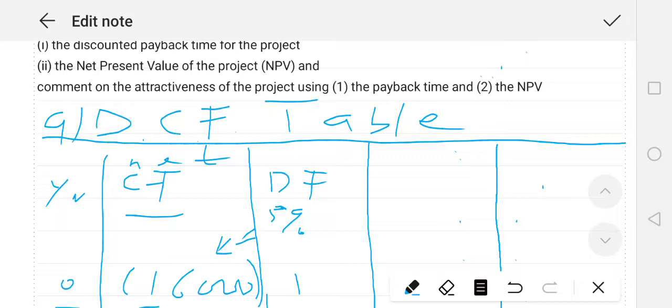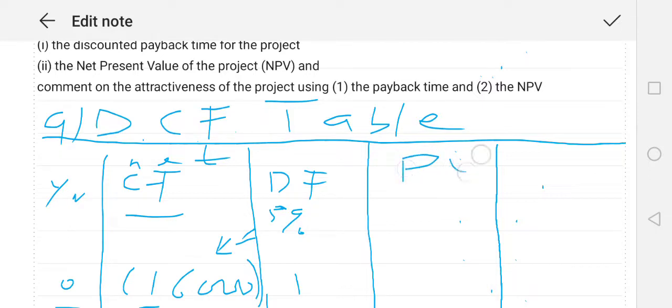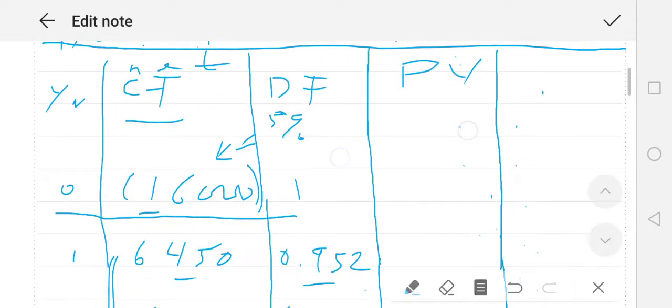For year 0, negative 16,000 times 1 will give us the same negative 16,000.